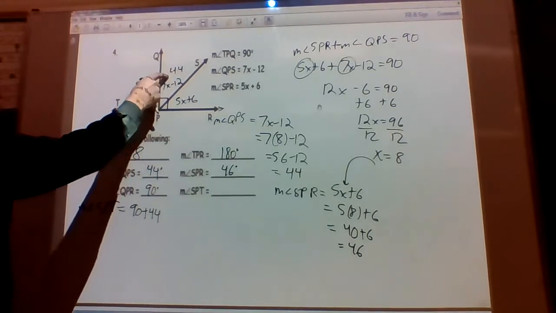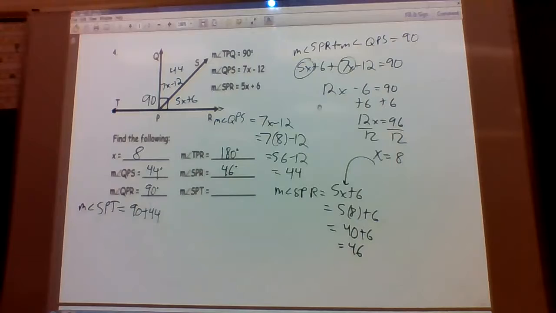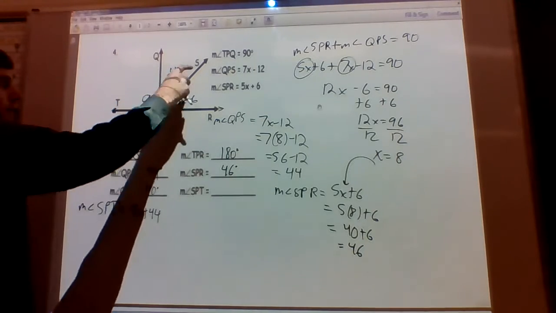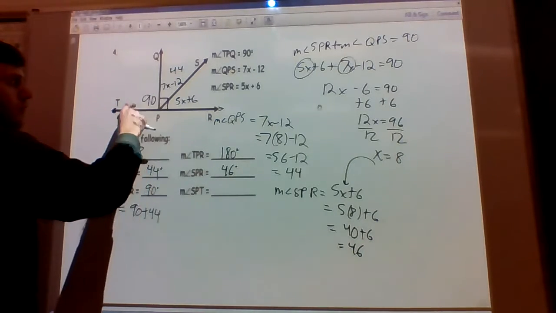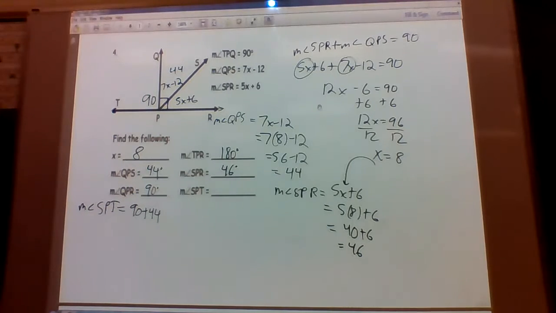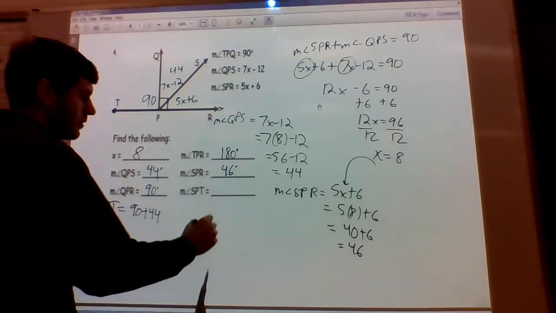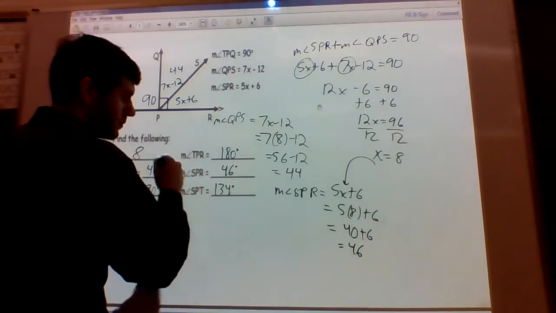Again, angle addition postulate. What two angles make up angle SPT? It's these two. We know that one's 90 and that one is 44. So 90 plus 44 gives us 134 degrees.